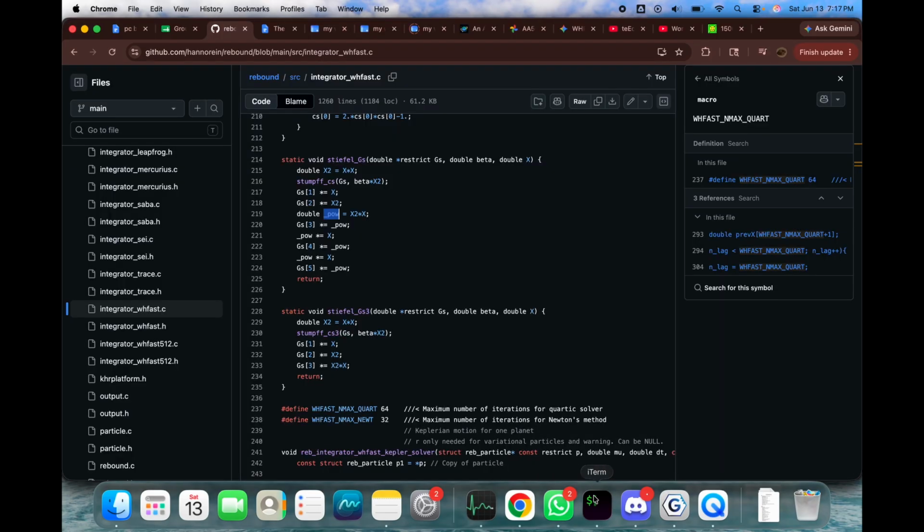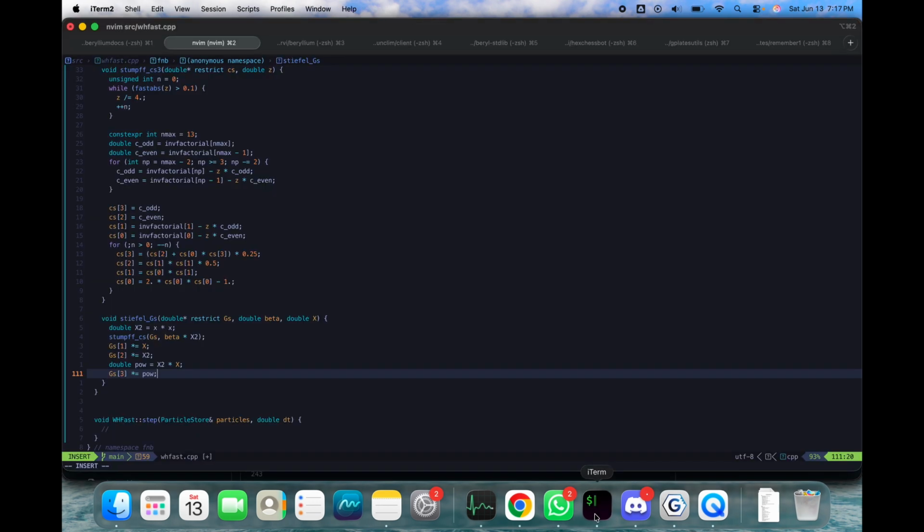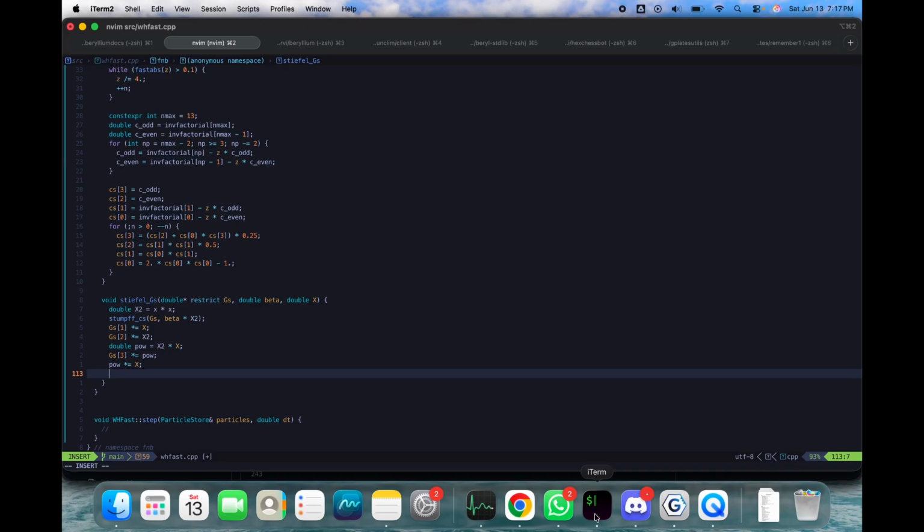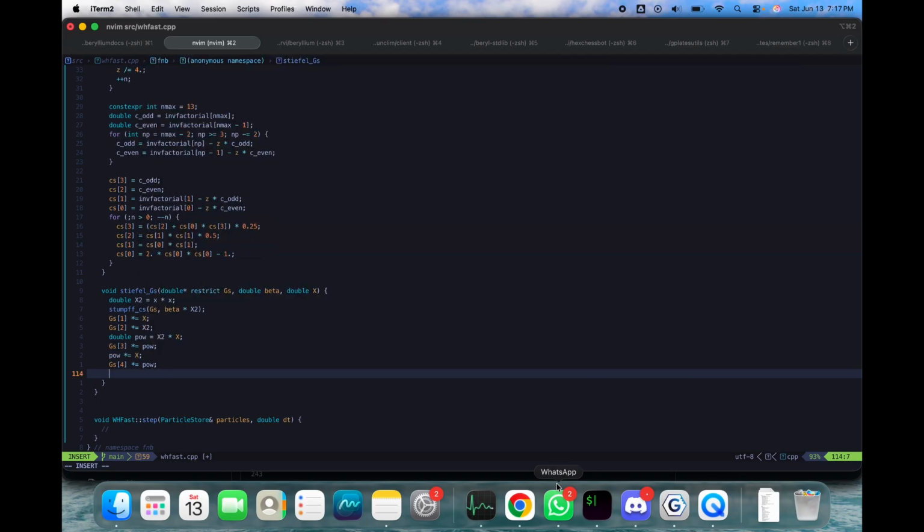Pow times equals x, and GS index 4 times equals pow.